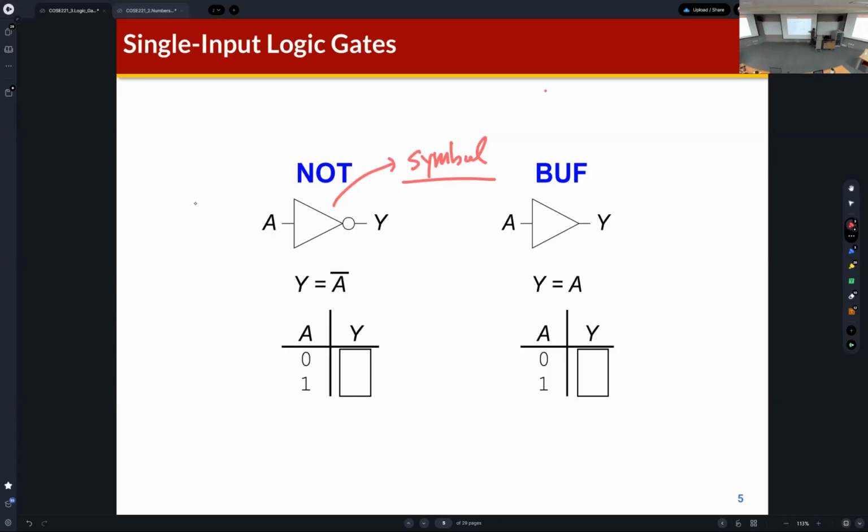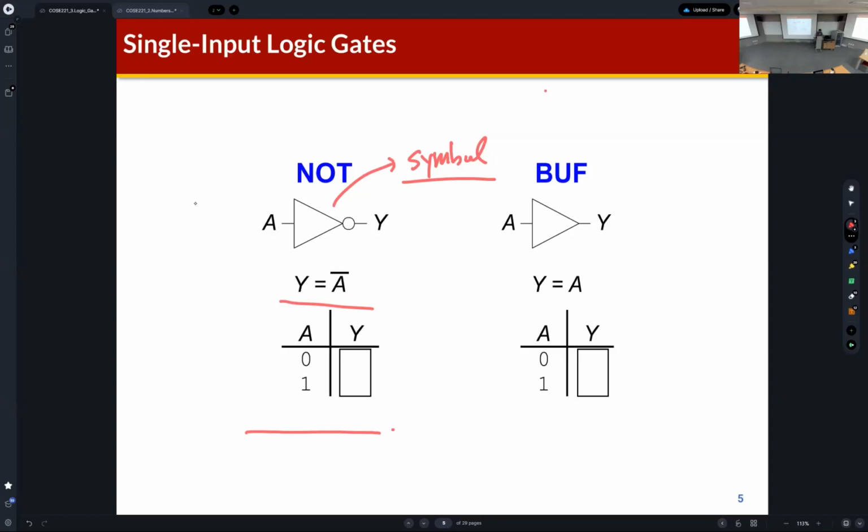We usually use the symbol of a logic gate like this. Also, you need to memorize the representation equation.